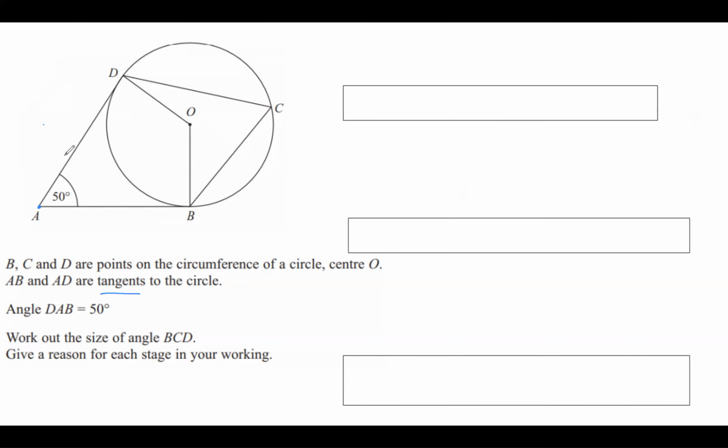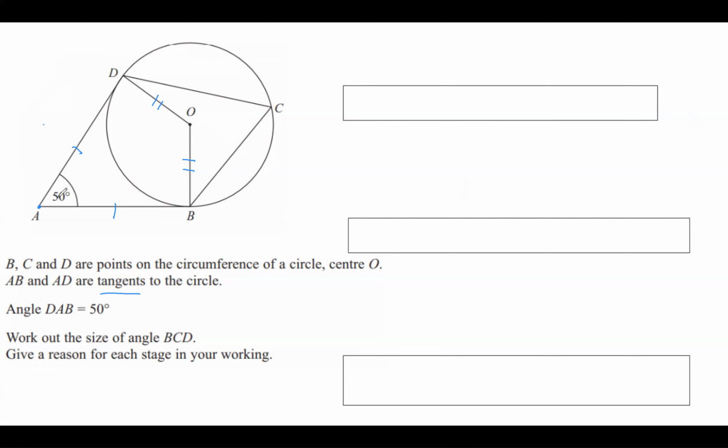They are coming from the same point, so they are of equal length. Likewise, we have a radius here and a radius here. So the lines DO and BO are also going to be the same length. Now, that may or may not help us, but it's good to label the lines.